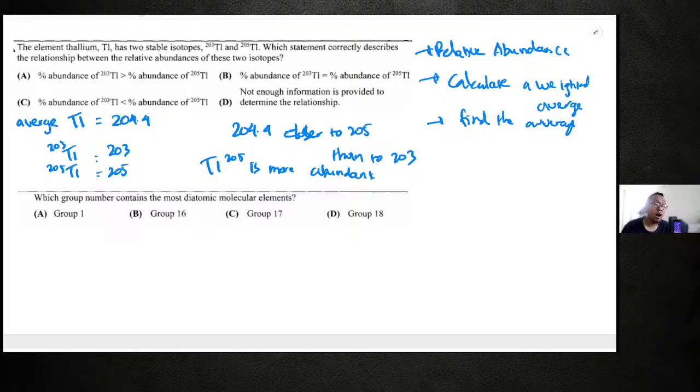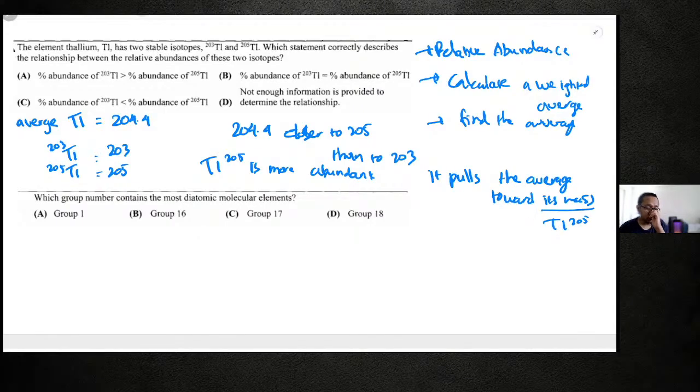The reason why thallium 205 has higher abundance is that the average tends to be pulled toward thallium 205.